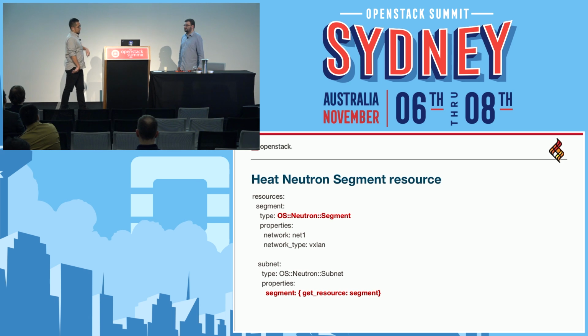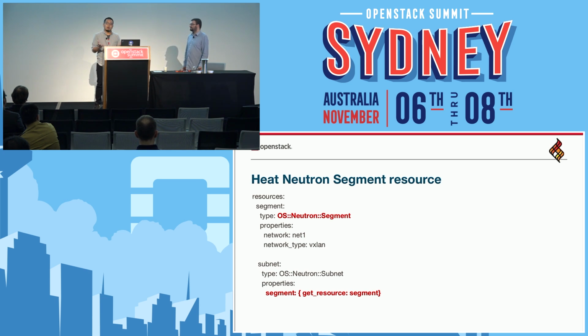So if you use Heat to orchestrate your environment, in the Heat template itself you have the segment resource right now, so you can actually use Heat for more complex networking functionalities. I assume that's a lot of benefit, maybe for some projects, or edge computing. So if you're interested, please check it.